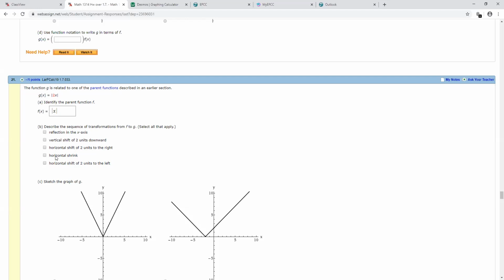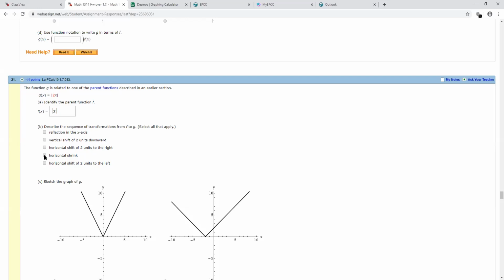And so which one? It's not a reflection, it's not a shift, so it's one of these two. Horizontal shrink. So it's a horizontal shrink, and I don't know why they didn't say exactly what it is. But anyway, we would say by a scale factor of 1/2, yeah? Is that okay?